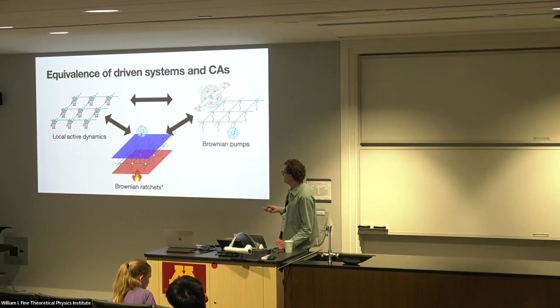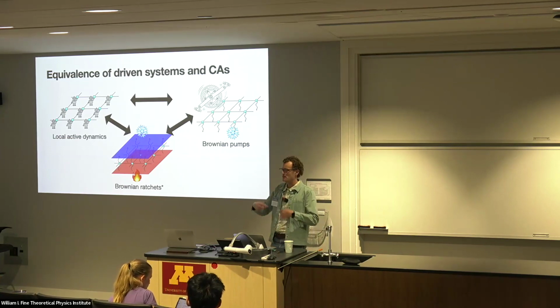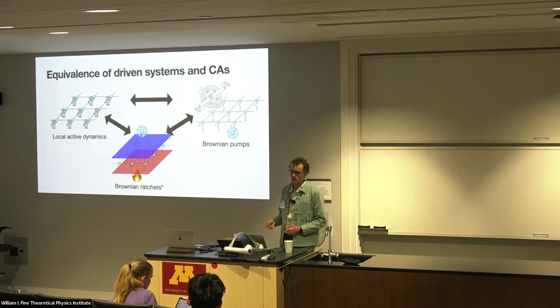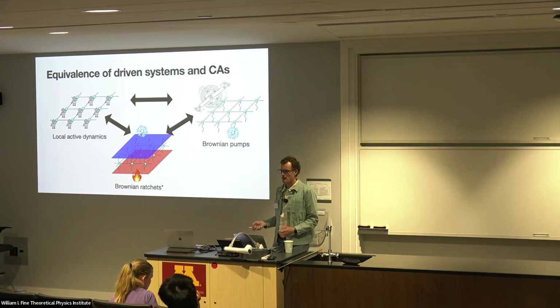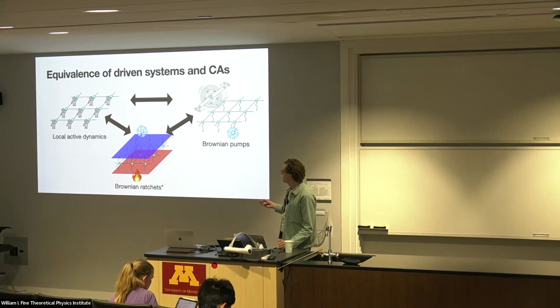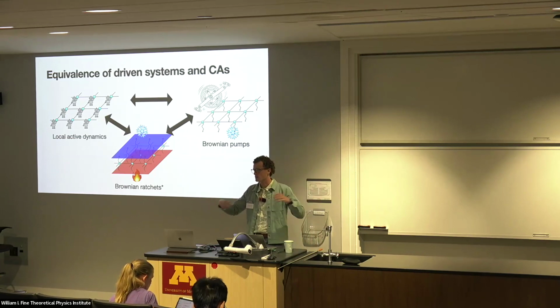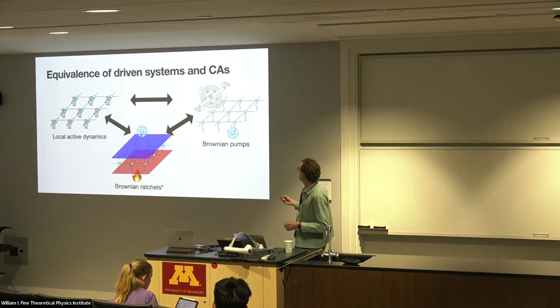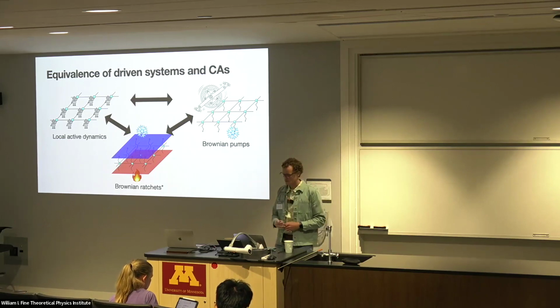That means that heat will be flowing through the system, and that's enough to generate your active dynamics as well. There's a little asterisk here that corresponds to the synchronicity of the dynamics. Sometimes when people talk about local active dynamics, they also require some global clock that's synchronized across the whole system. You can think of that as the synchronicity in the drive. You can't get that in this system, but up to that, these are all three equivalent systems.